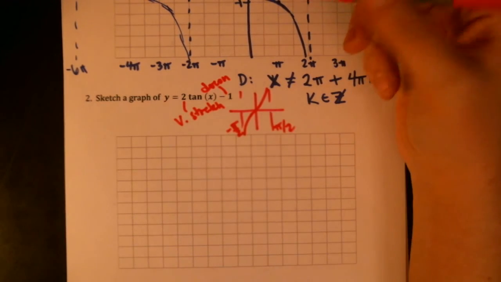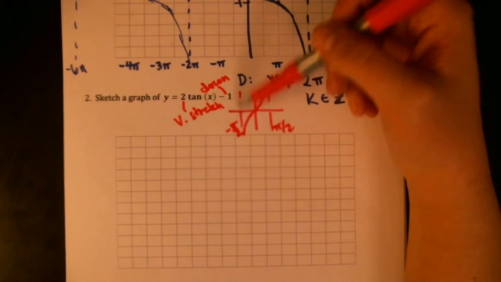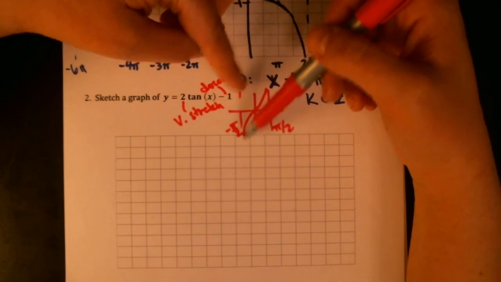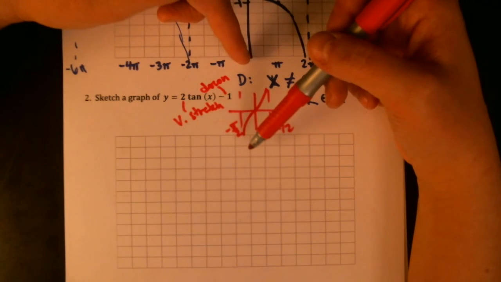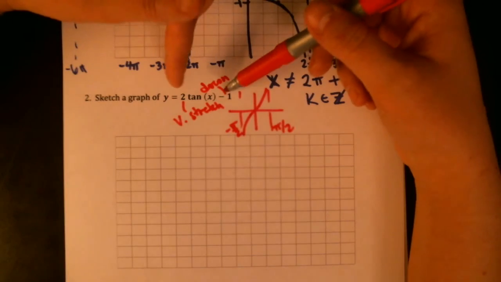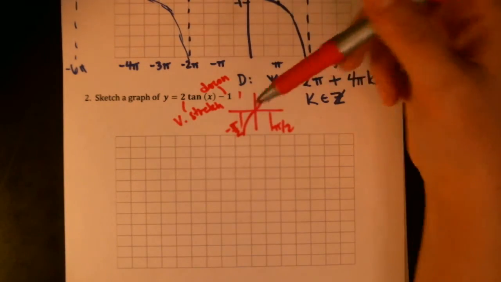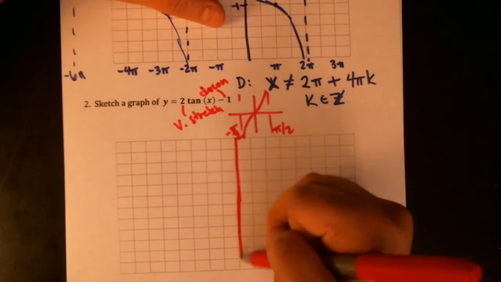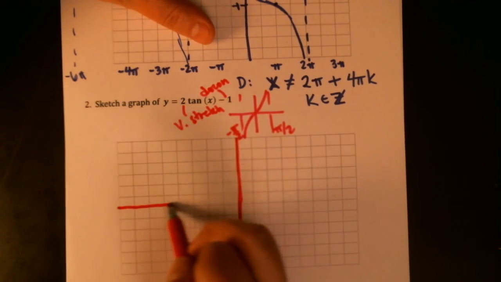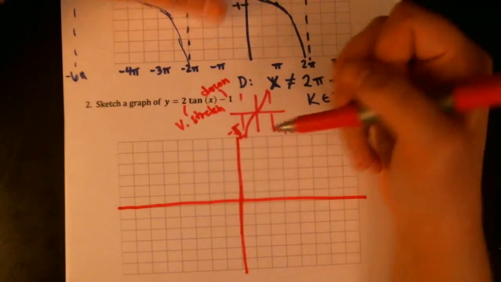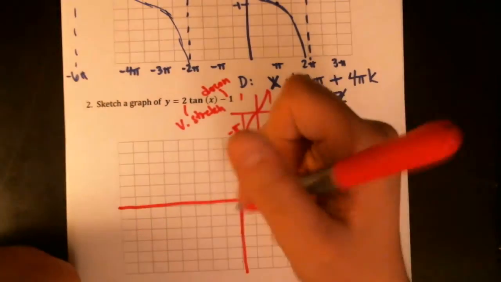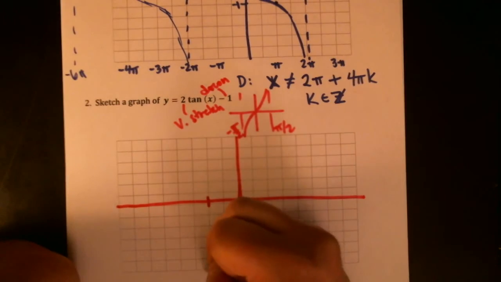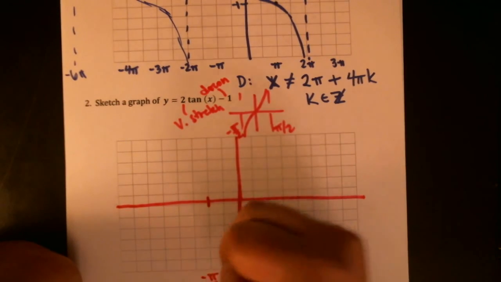So, thinking about my asymptote, let's start with x equals negative pi over 2. If I do a vertical stretch on a vertical line, not really very impressive. It's going to stay the same. If I shift down 1, still not very impressive, still going to stay the same. So let's draw in our vertical asymptote at negative pi over 2.